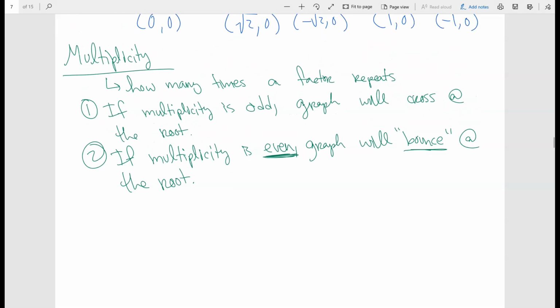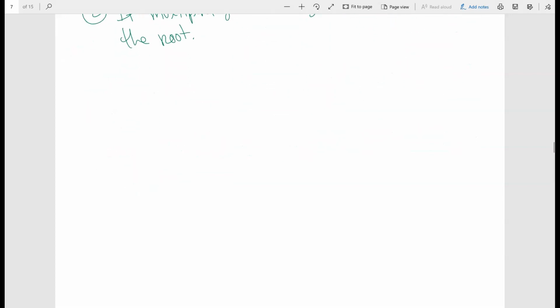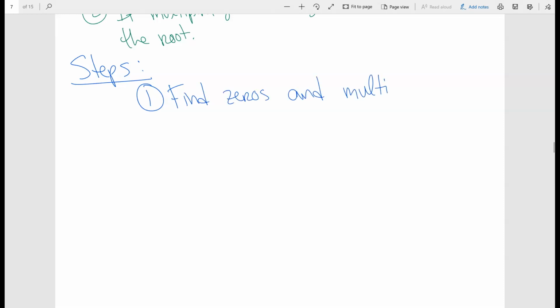Now, what would be the criteria or the steps to graph a polynomial function? Okay, so I'm going to give you some general steps on how to do it. The first thing that you want to think about is you want to find the zeros and the multiplicity, because this is going to determine if something's going to bounce or cross.